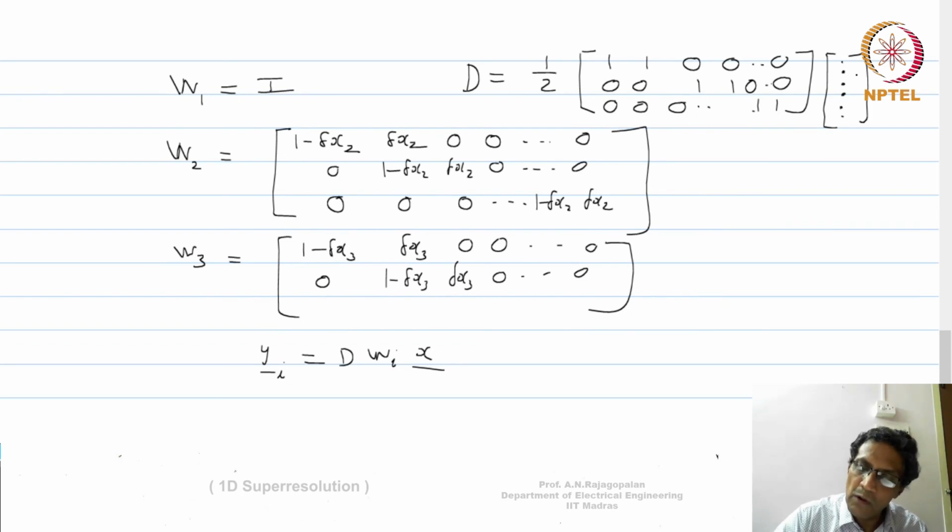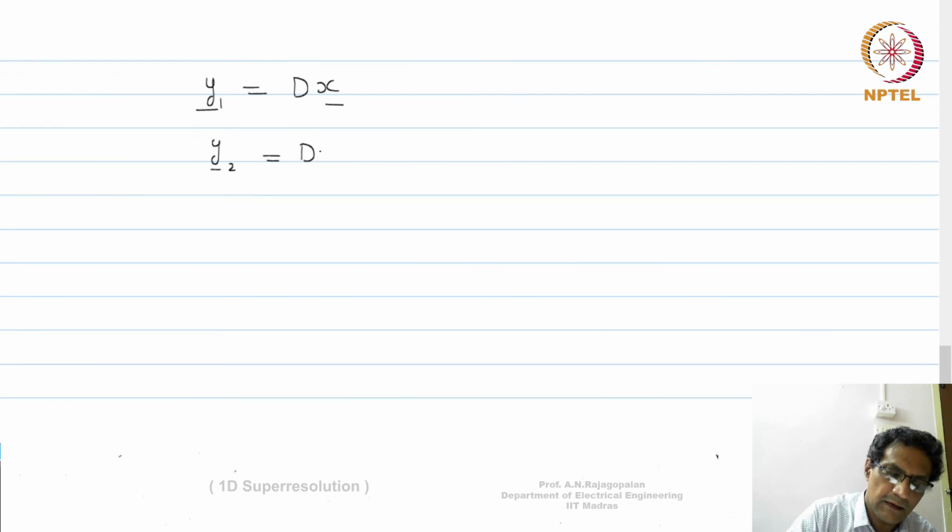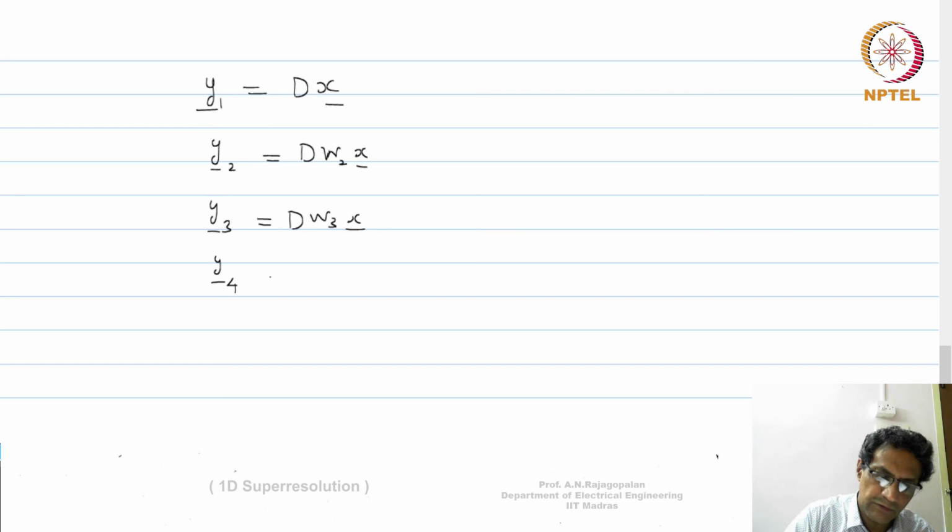And now, what super resolution entails is something like this. Let's say I have y1, I've captured one low resolution observation, that is simply Dx. And now y2 is DW2x, because y2 will come from a warped version of x. Then y3 is equal to DW3x, and then y4 is equal to DW4x.